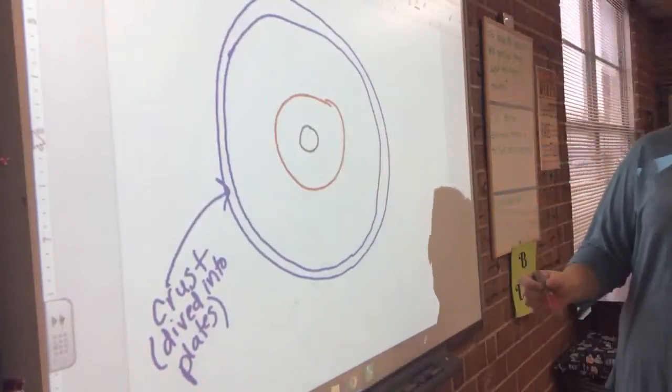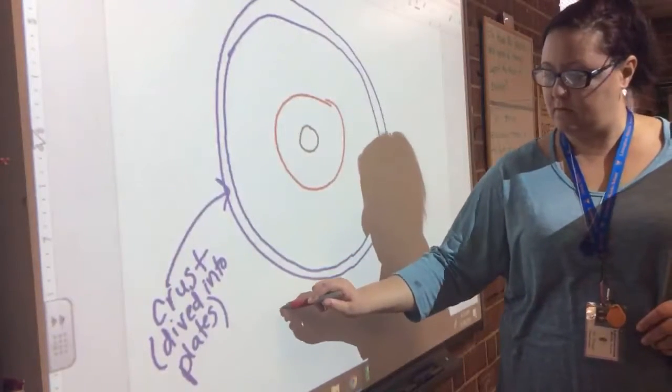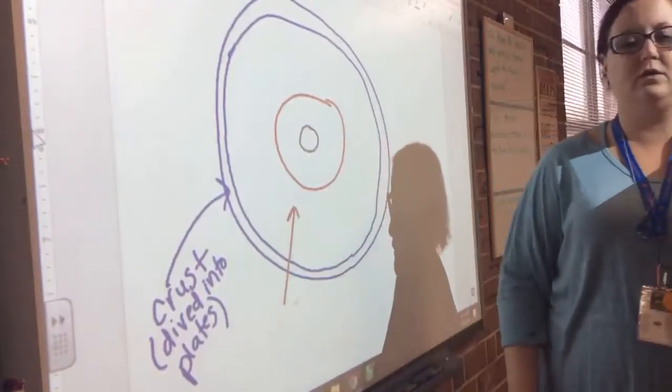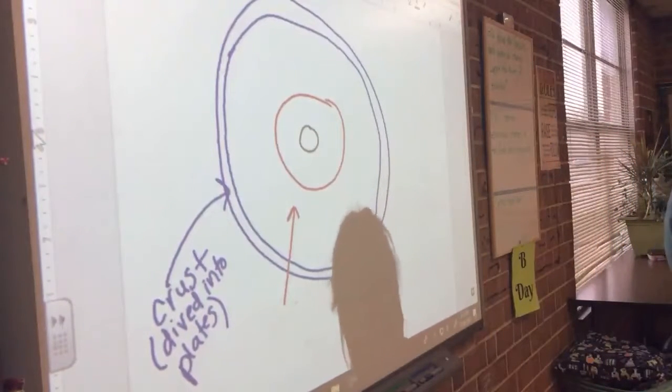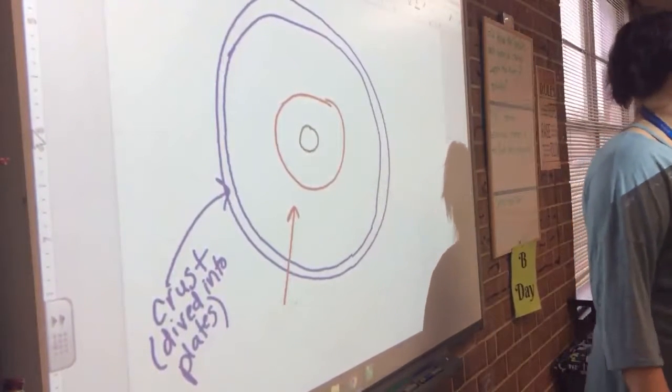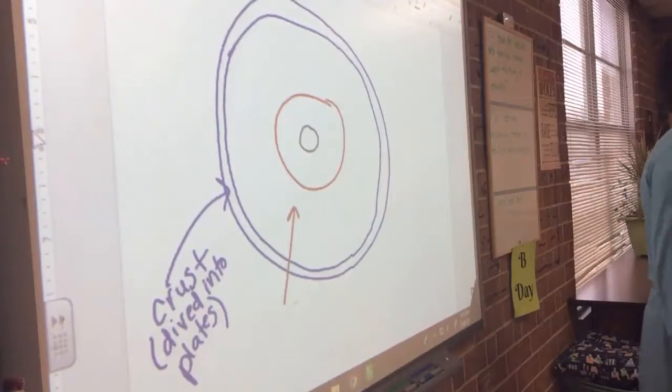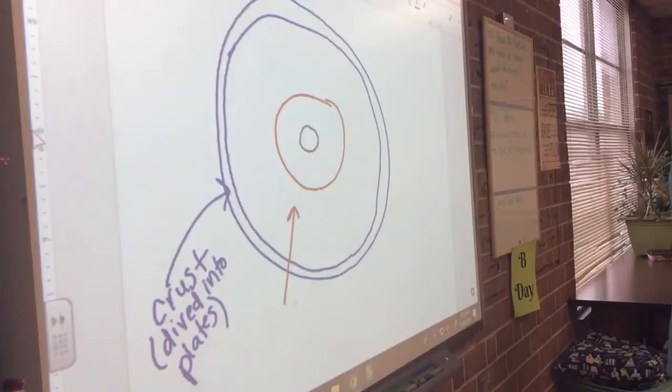Now the layer below that is what the crust sits on. What is that called? In our vocabulary. What is the layer of the earth that the crust sits on? Starts with an M. Mantle.